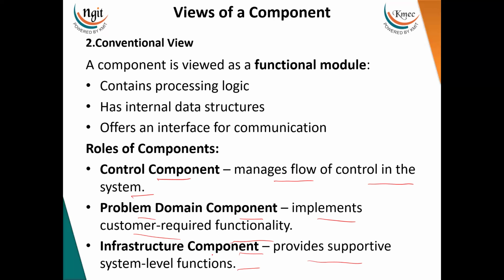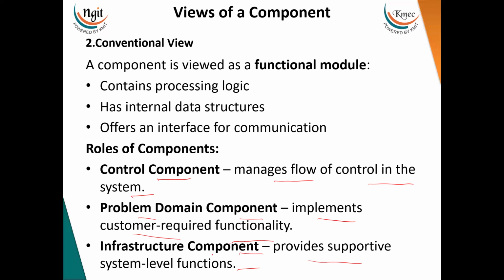Generally we can derive this from your data flow diagrams, where the lower level DFD bubbles, that is your software modules, components, are arranged in a hierarchical structure, where the control components are near the top and the problem and infrastructure components are lower down.